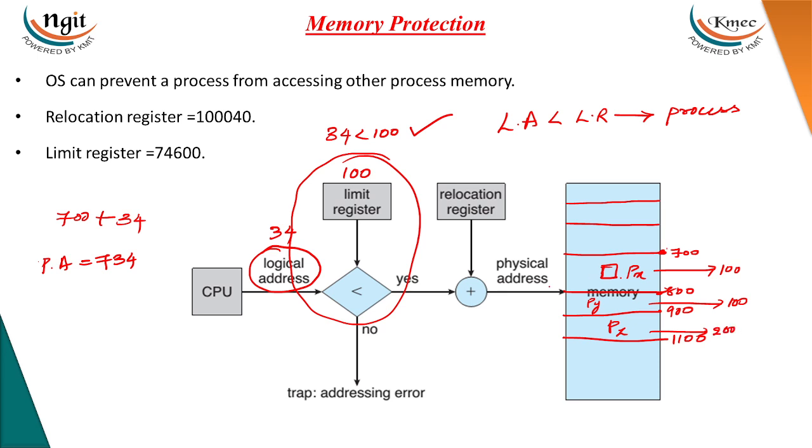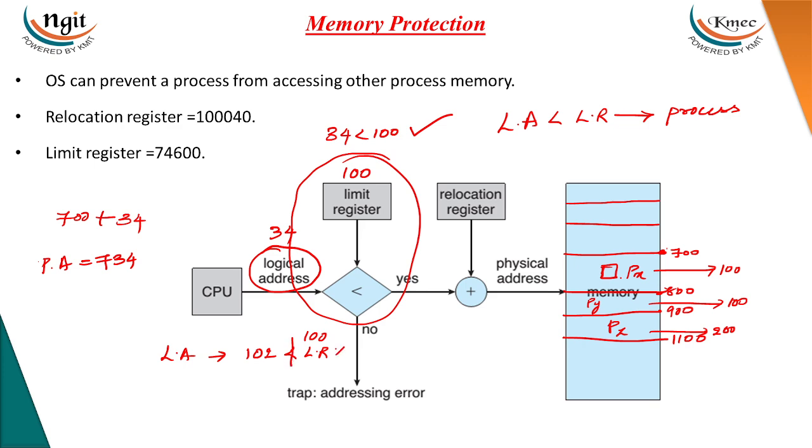Suppose the logical address that is generated is more than the limit register value. Suppose the logical address generated is 102. This 102 has to be less than the limit register value, but what is the limit register value? 100. So this fails.